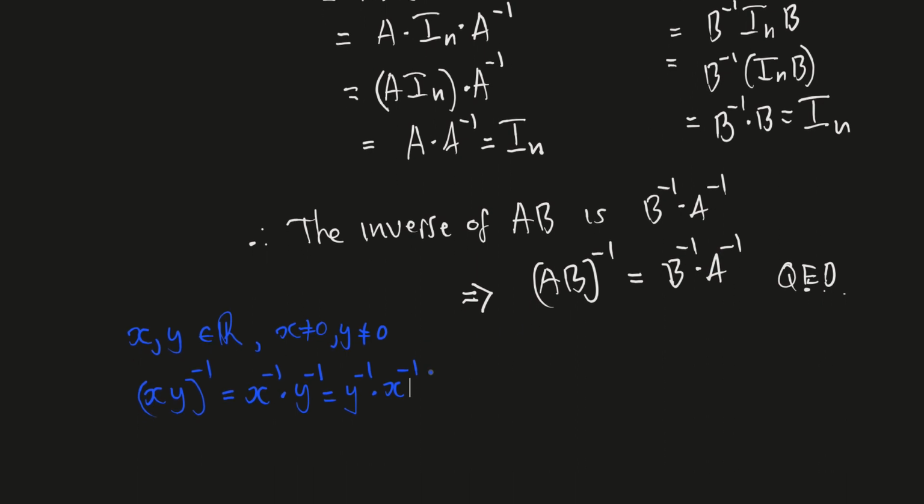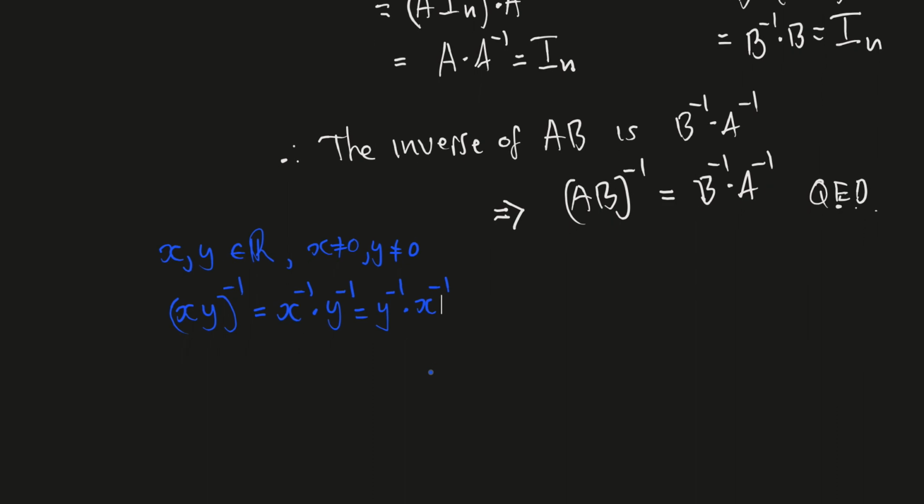Now, here's a corollary of this theorem. A corollary is usually an extension, or sometimes it goes in a slightly different direction than the theorem, but it follows really directly.